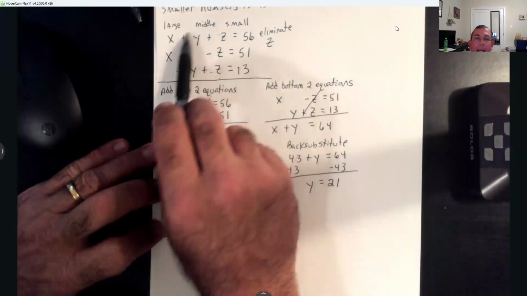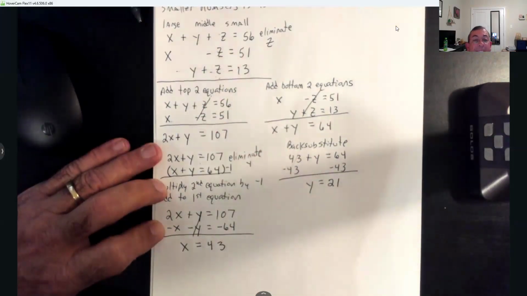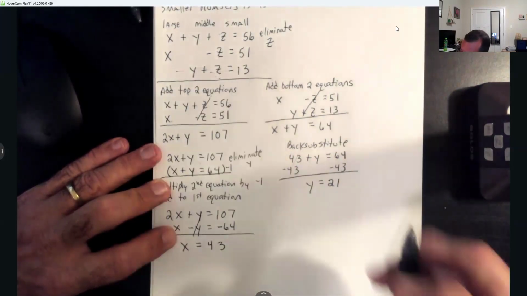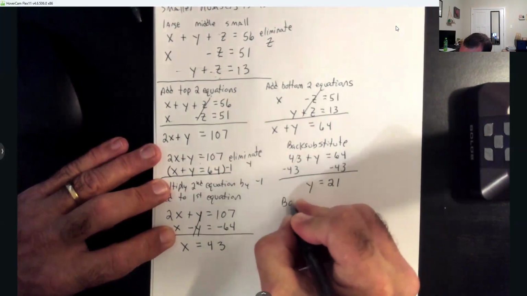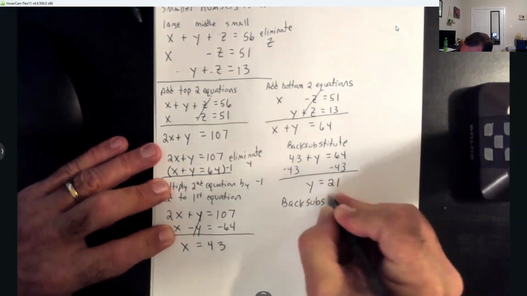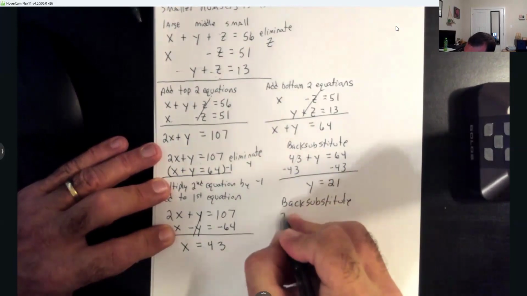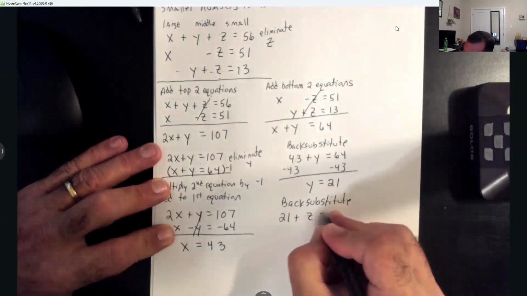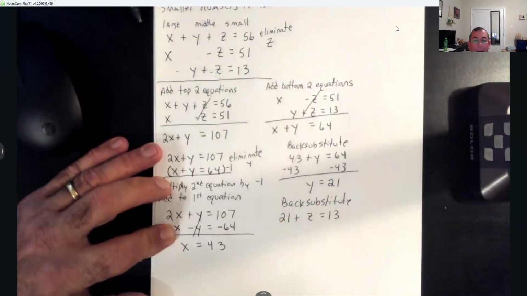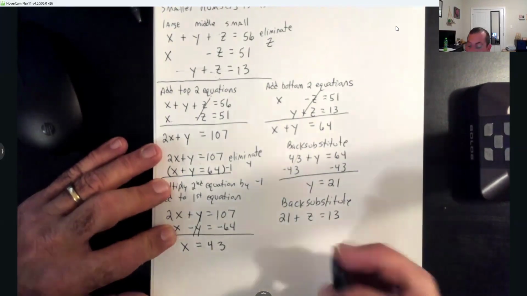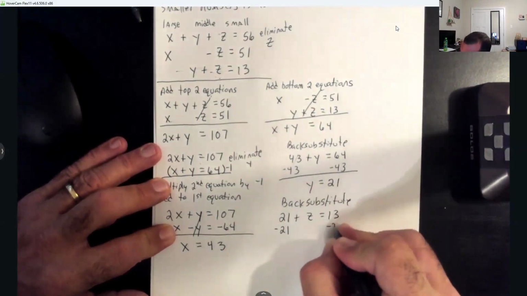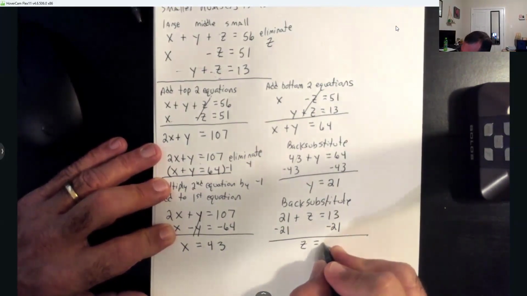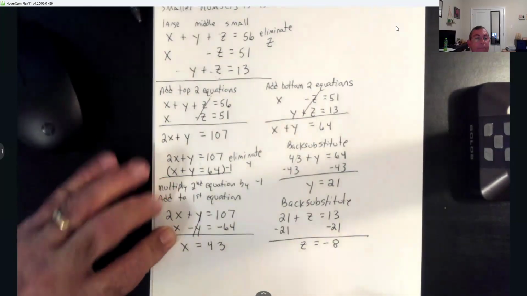I can plug them into any of these three equations and get the z. I'm probably going to use the bottom one: y plus z equals 13. Y is 21, so 21 plus z is going to equal 13. All we've got to do here is subtract 21. And look at that, I get z equals -8.